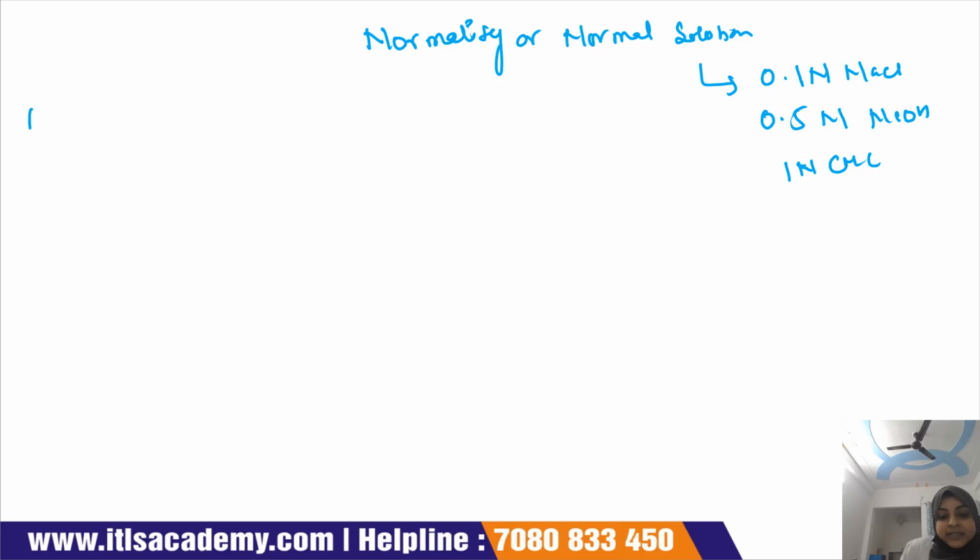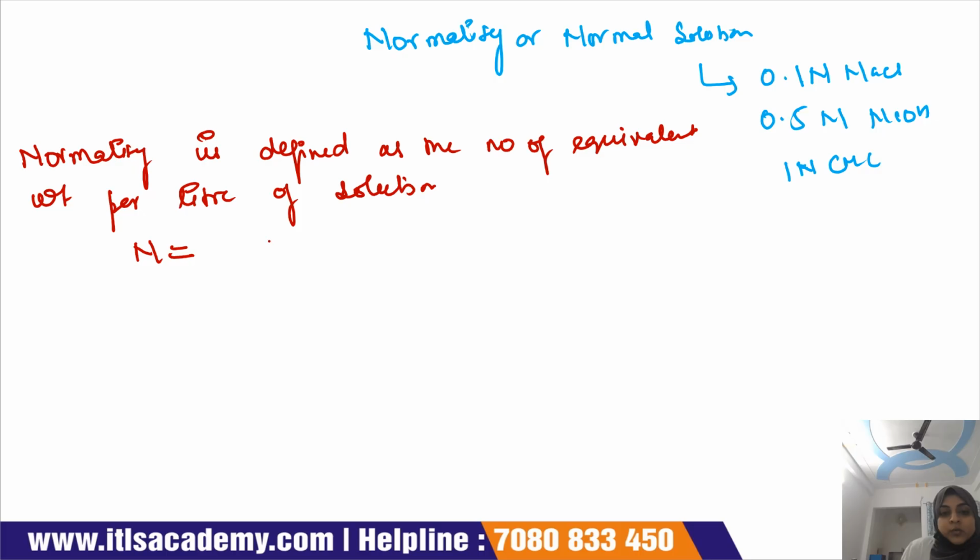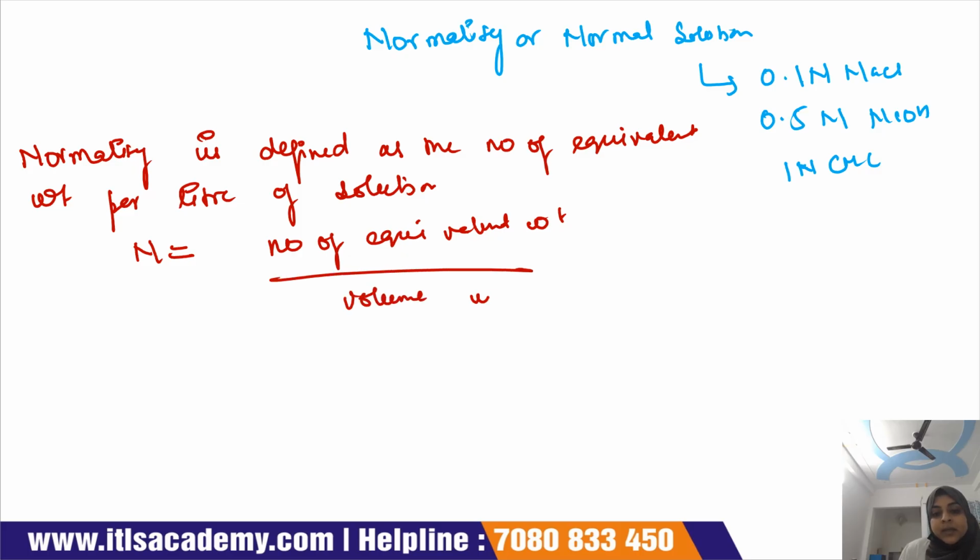Simply, normality is defined as the number of equivalent weights per liter of solution, or N is equal to the number of equivalent weights divided by volume in liters.